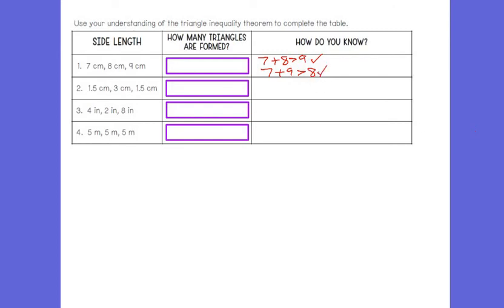Yes. Now what's left? 8 plus 9, is that bigger than 7? Yes. It passed all 3 inequalities. So can these 3 line lengths form a triangle? How many? 1, no triangle, or more than 1 triangle. It forms 1 unique triangle.